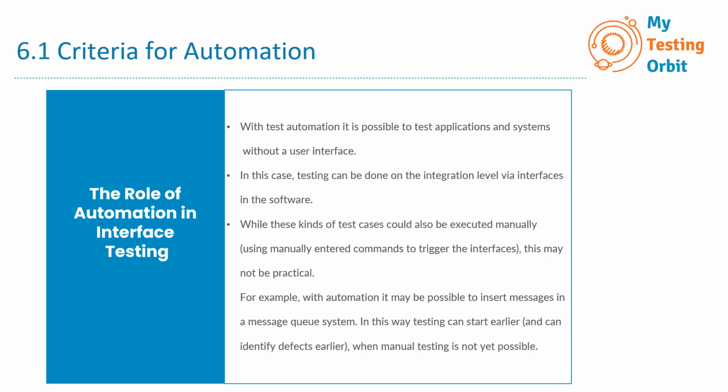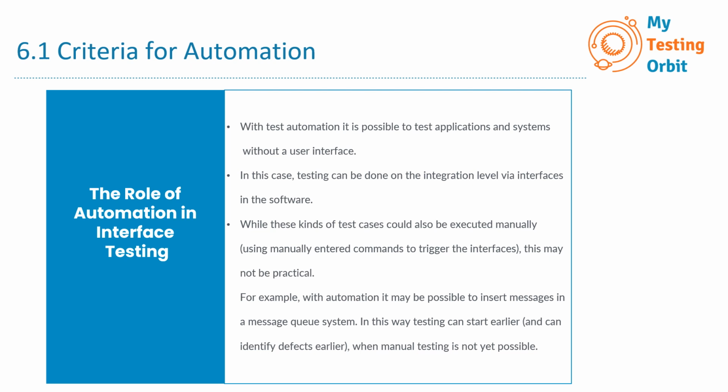For example, with automation, it may be possible to insert messages in a message queue system. In this way, testing can start earlier and can identify defects earlier when manual testing is not yet possible. In this example, message queue systems are mentioned, which are critical for information flow in many applications.